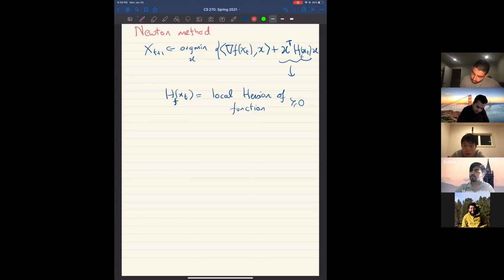You could say it's proximal gradient descent where the penalty is given by the function itself. But there's another simpler way to say the whole thing. If I look at these two terms together, that is the first two terms of the Taylor series expansion of the function f. It's the quadratic approximation of the function f.